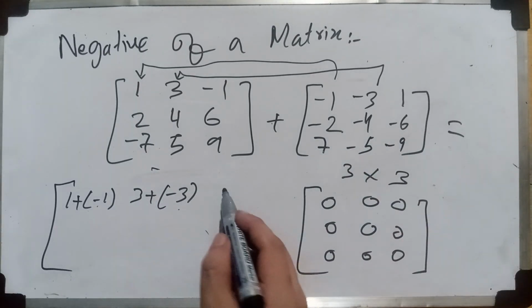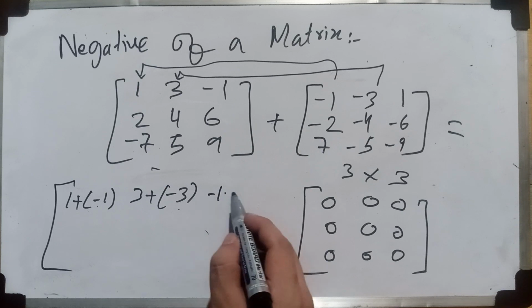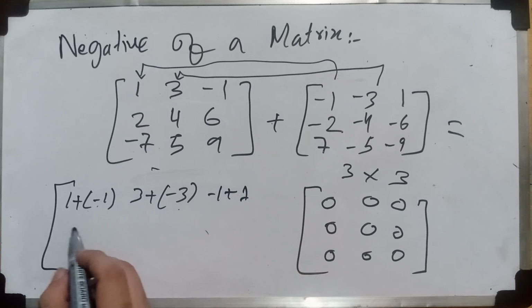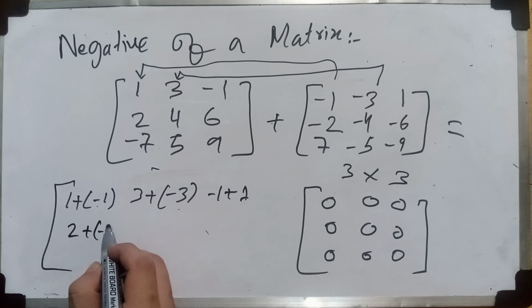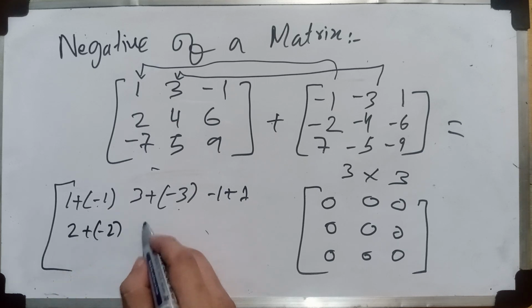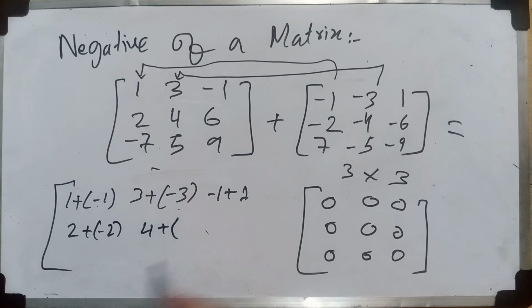So as you can see, we will add these specific numbers, the negatives of them, that will make it a 0 in each corresponding entry.